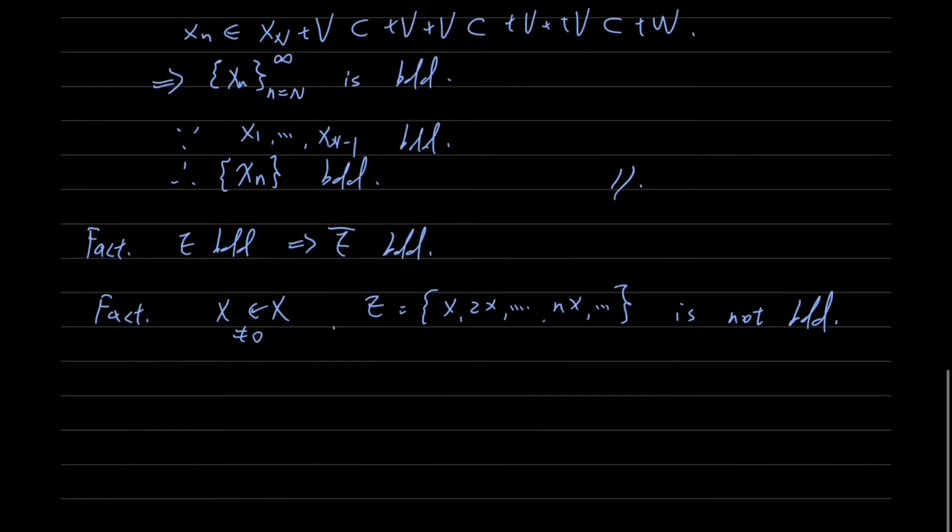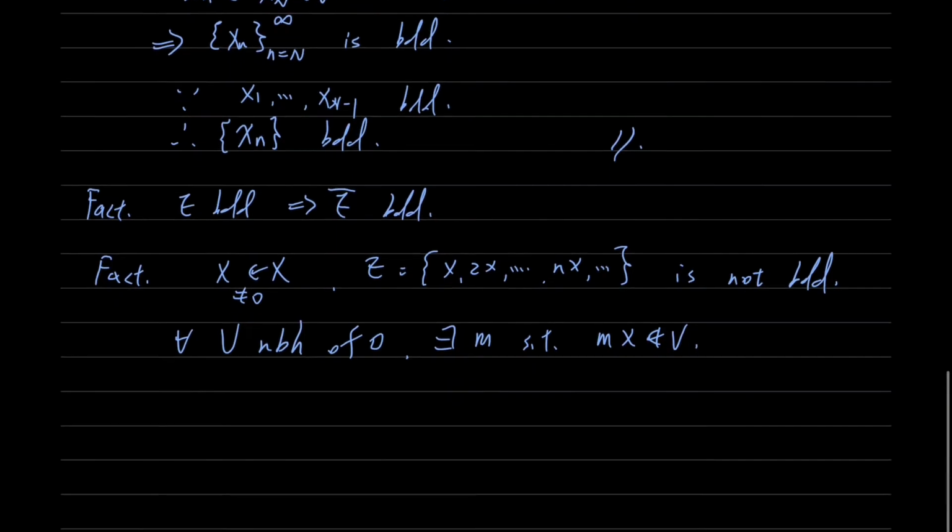And the reason is very easy. For every neighborhood V of 0, there exists, say, m such that mx is not in V. So just for a fixed neighborhood, then it will not contain E, because whenever we enlarge it by t times, then t times mx will not be in the set.